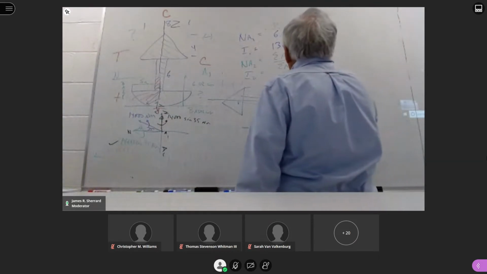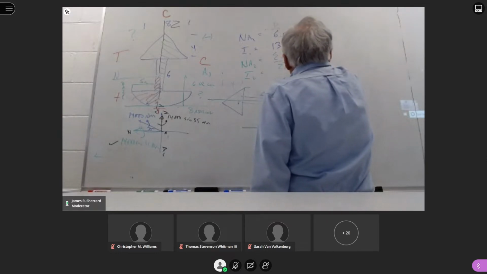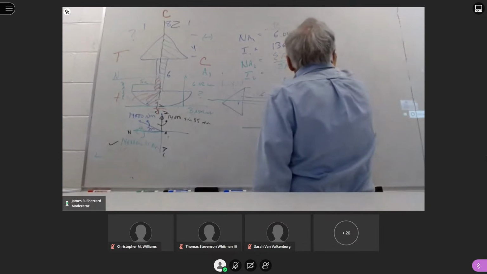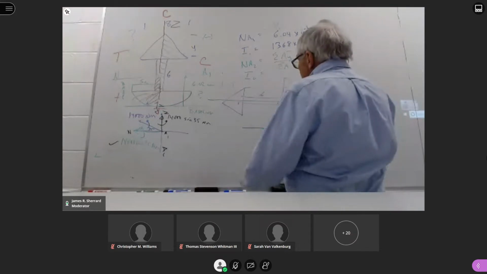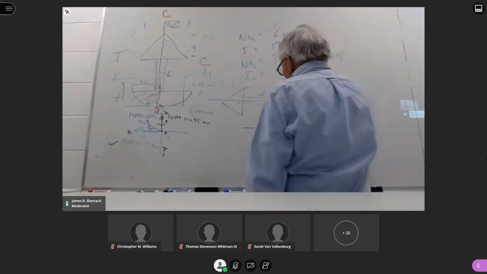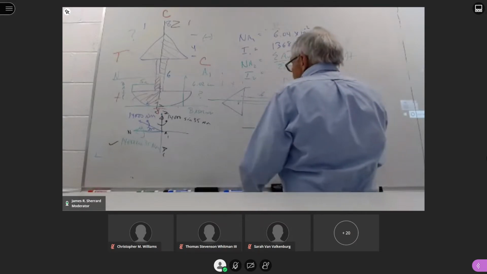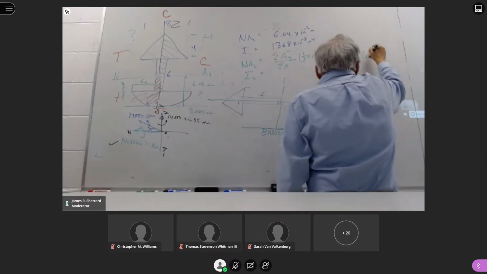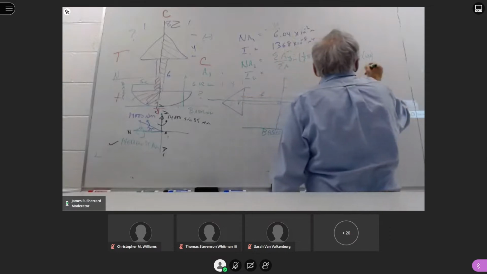So if I look at this guy, its area is 1/2 pi r squared. Its centroid from the baseline to here is 5. Plus this area is 2 times 6, and its centroid is also 5. Plus this guy is 1/2 the base times the height, and its centroid is 5.